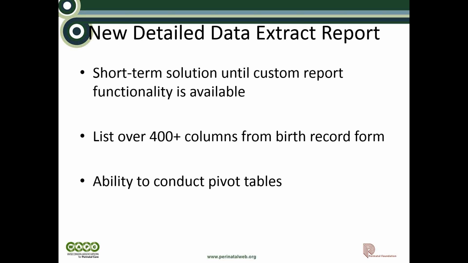Roughly, there's going to be about 400 plus columns in this report, and you can envision it being, for the most part, the majority of the fields in PeriData when you complete a birth record.